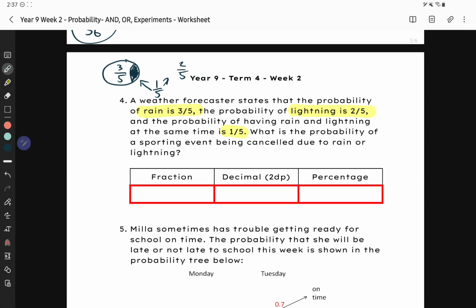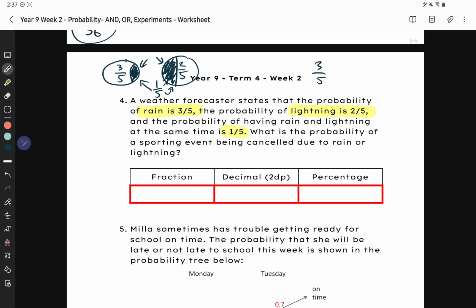Actually, which means I should draw this to be quite larger. Okay. Right, so which means if we just add them together, we've added this bit twice. We're counting these possibilities of there being both lightning and rain twice.